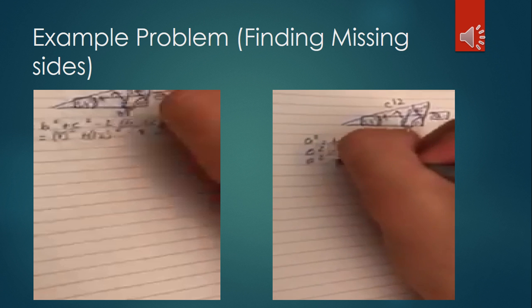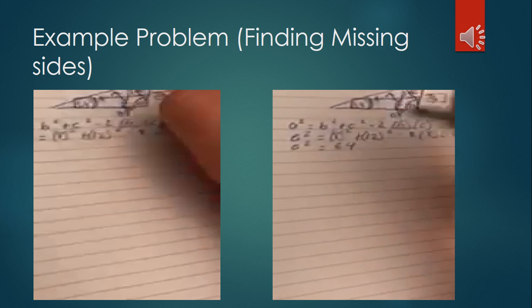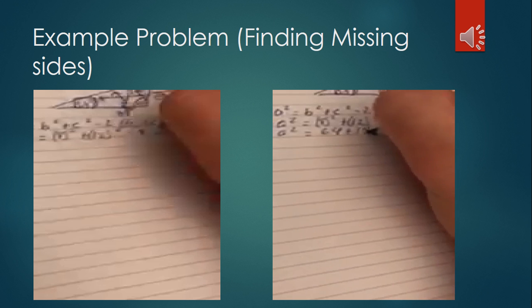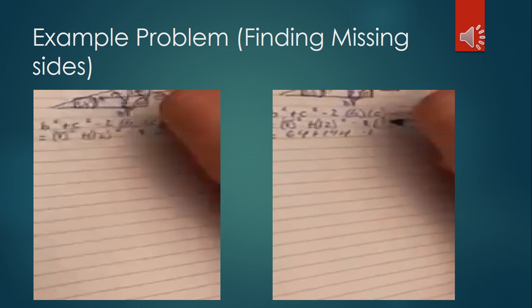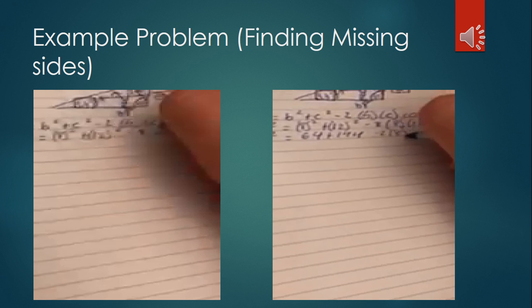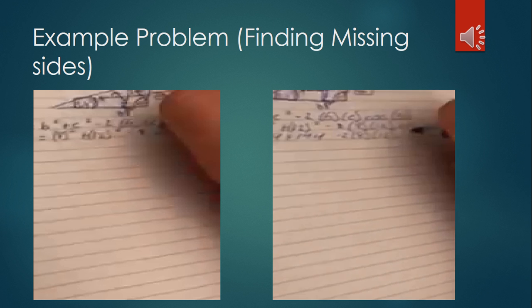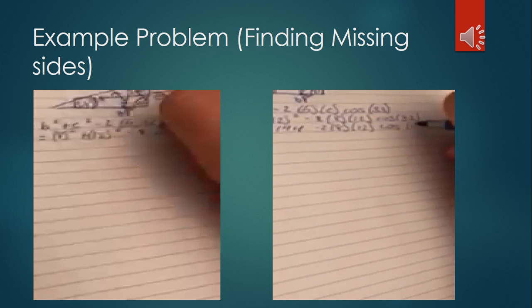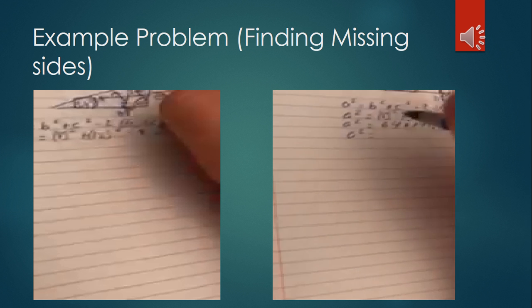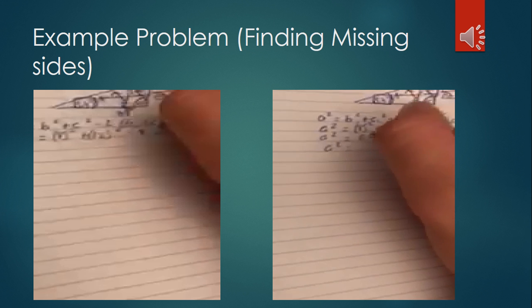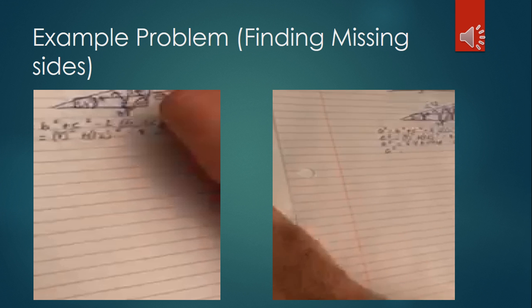Alright? Then you go back and you do a squared is equal to 64 plus 144 minus 2 times 8 times 12 cosine 33. And then a squared is equal to, this would be 208, I believe.